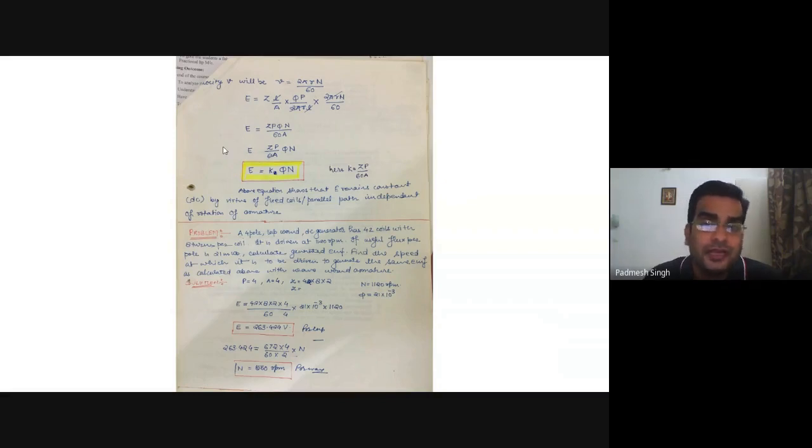The above equation shows that E remains constant by virtue of the field coil and parallel paths, independent of rotation of the armature. This EMF is created in both machines, whether it is a generator or a motor.